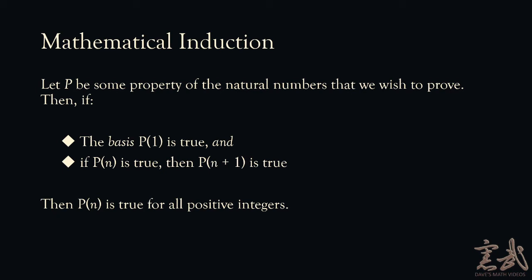If all of these are true, it means that P of n is true for all positive integers. Now this is just a very fancy way of saying that if P of 1 is true and P of n is true, it means P of 2 is true and P of 3 is true, and so on unto infinity.